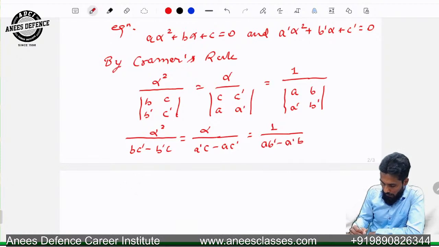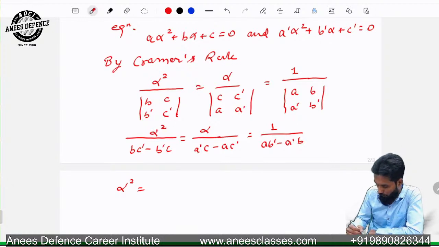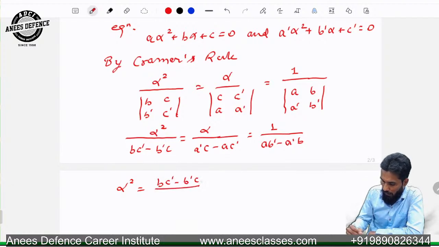Next you will write alpha square equal to, we are equating the first expression with the last expression to find the value of alpha square. So we will get bc dash minus b dash c by cross multiplying with the last expression, and in the denominator you will get a b dash minus a dash b.